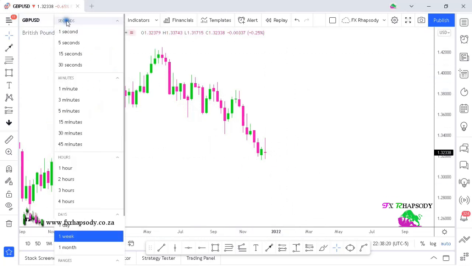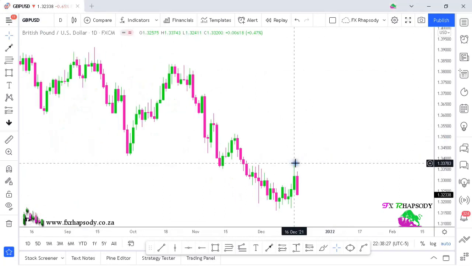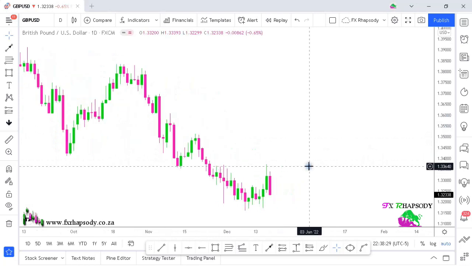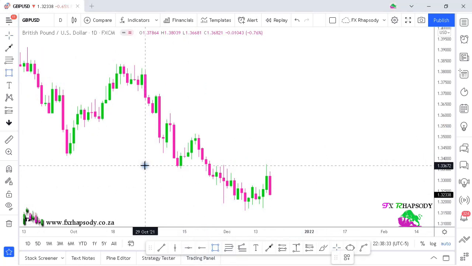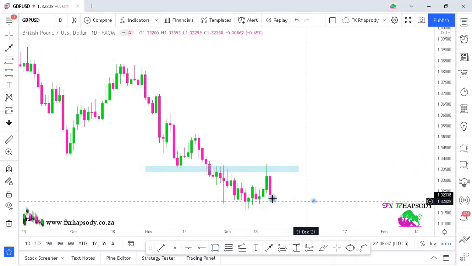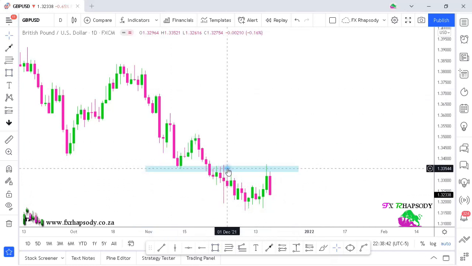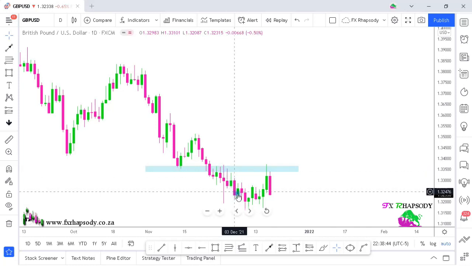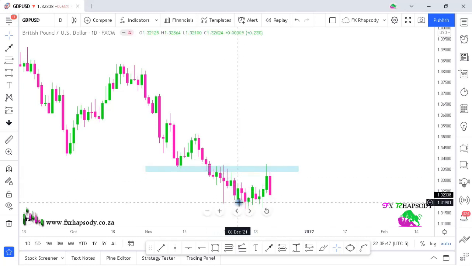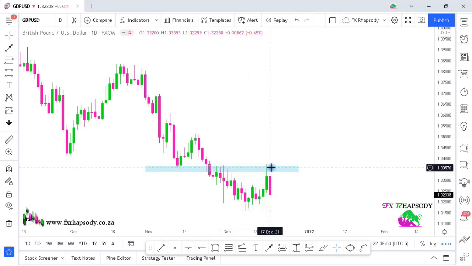So let's drill down to the daily time frame and see what we can see. I just wanted to highlight this area here. There is a nice area of support turned resistance, price coming up to retest that area, moving to the downside, creating that lower low, coming up to push into this area again.